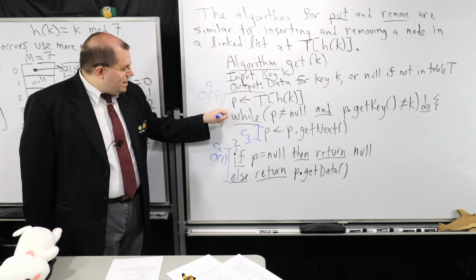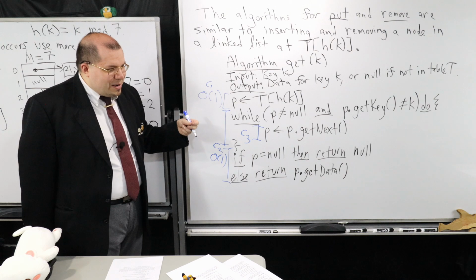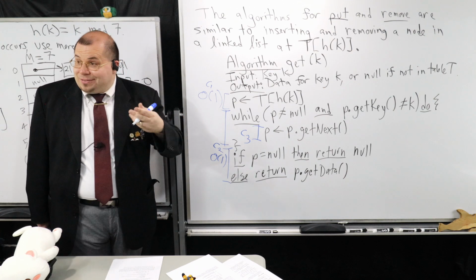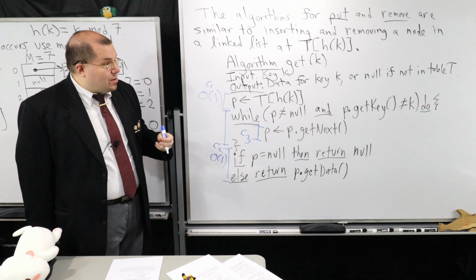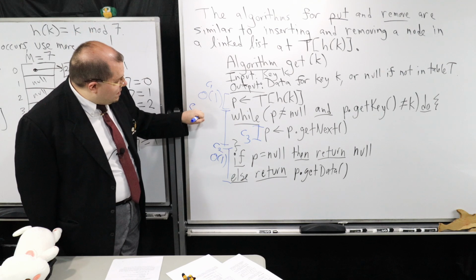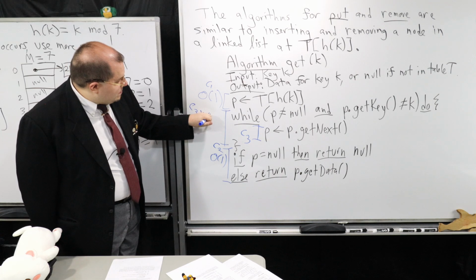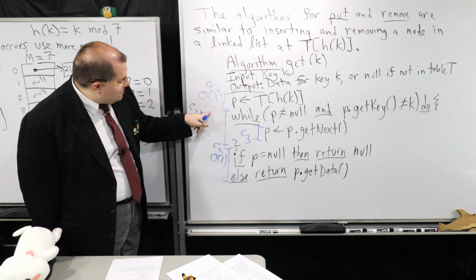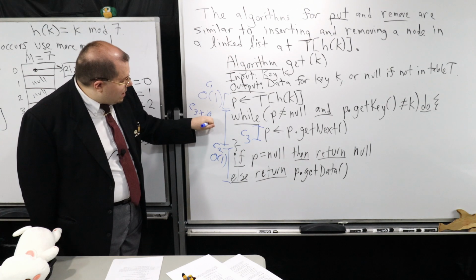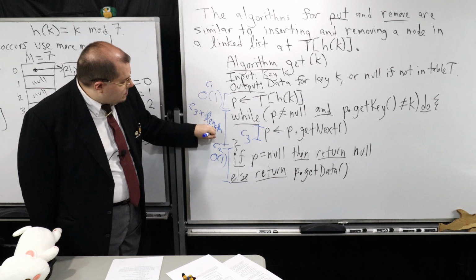So naturally, the question is, how many iterations happen here? Well, as suggested in the chat, it's based on the length of the list, right? So this is C3 times the length of the list.